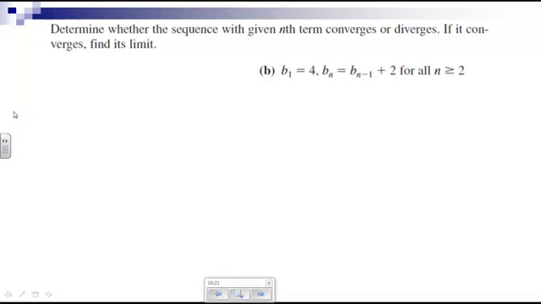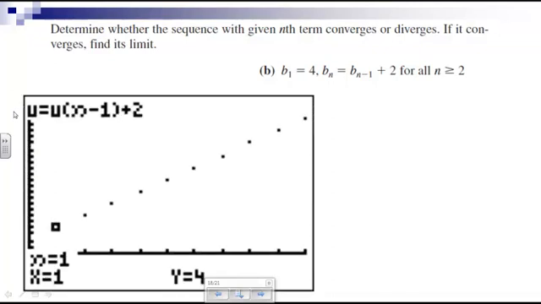Okay, we're going to pick out the middle row next. All right. And there's the graph of that. It's not going to some value, is it? What would we say?